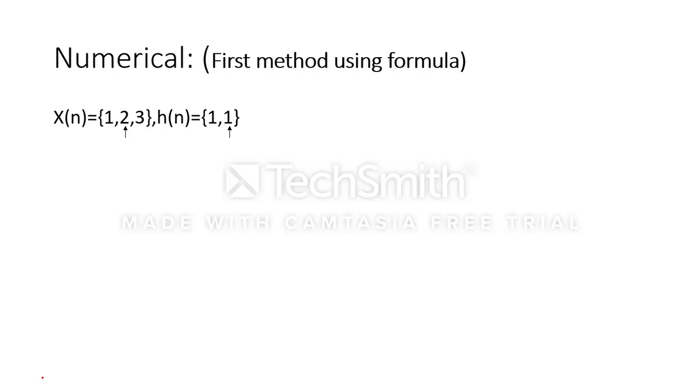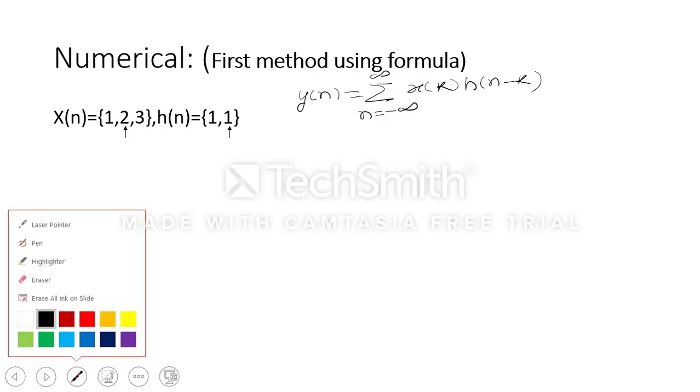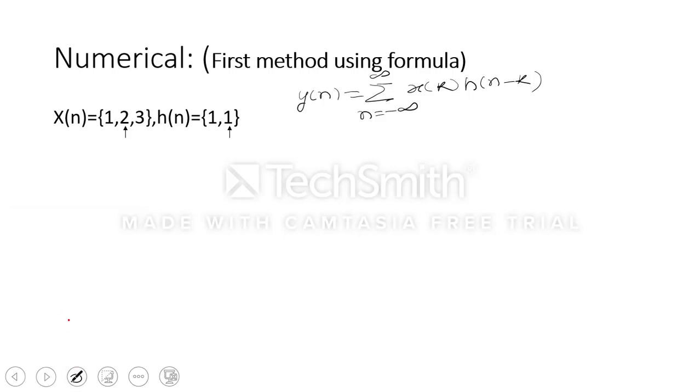So here x(n) and h(n) are given to you, and we know that the convolution formula for discrete time signal is nothing but y(n) is equal to summation k is equal to minus infinity to infinity x(k) h(n minus k). So this is the formula.